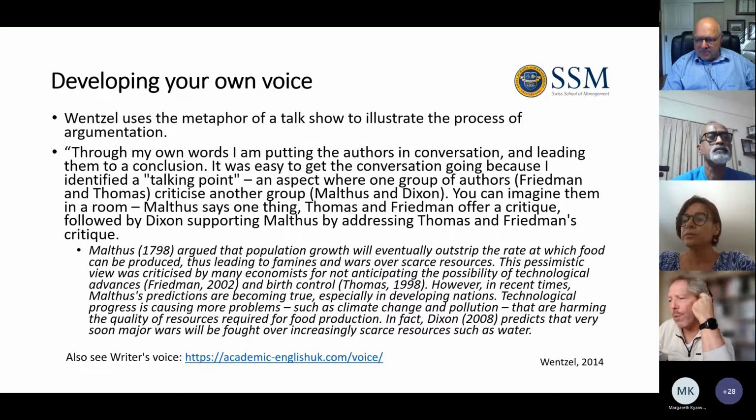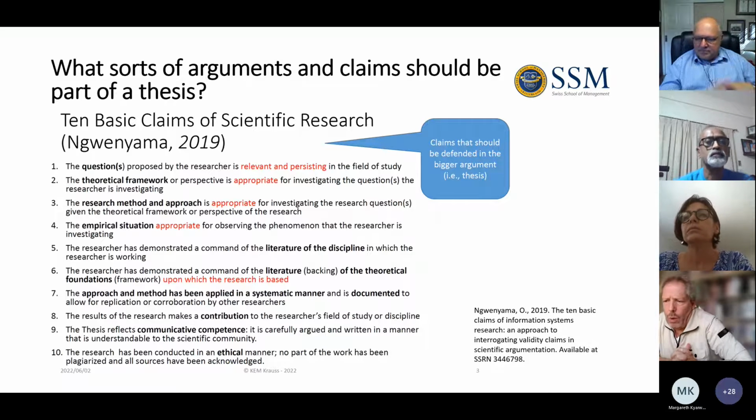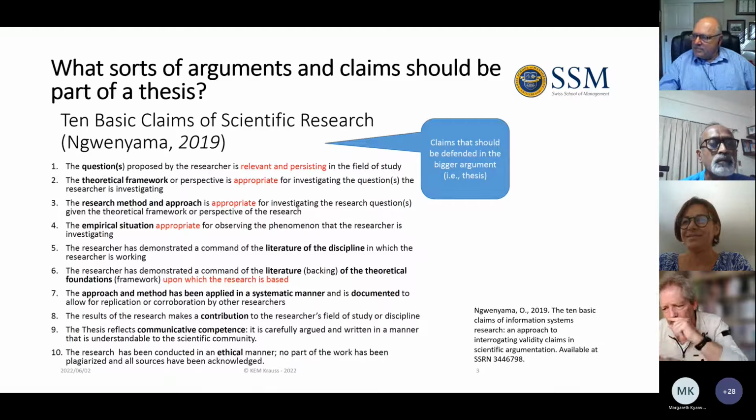Can I ask one question about that one? Yes. On the previous slide, one of the things that I noticed, in the second point, is that we always notice that students are struggling with the theoretical framework and then present something that is, as mentioned here, appropriate for investigating the questions that the researcher is intending to investigate.